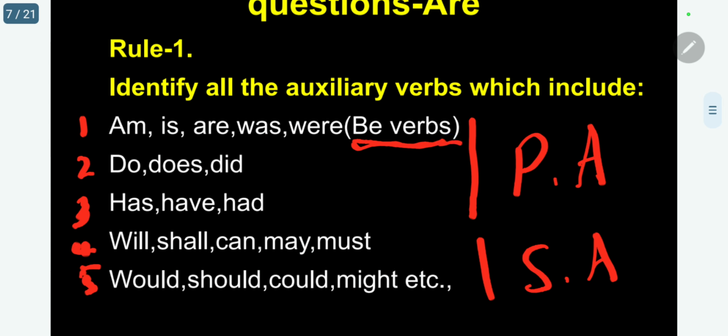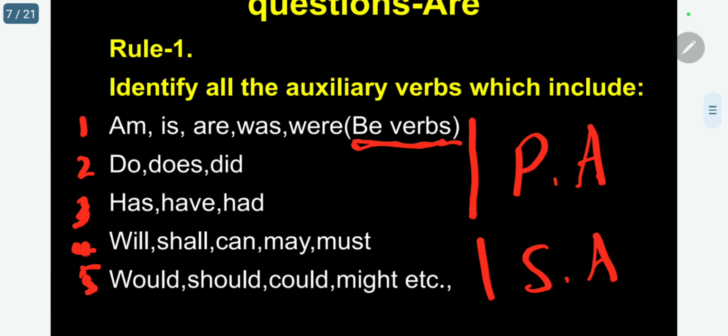Normally, be will be used when you ask WH questions in future, like when will you be. There, after will, a be verb will come. After will, is or was or were will not come, only be will come. So in the present tense, instead of is and am, be will come.